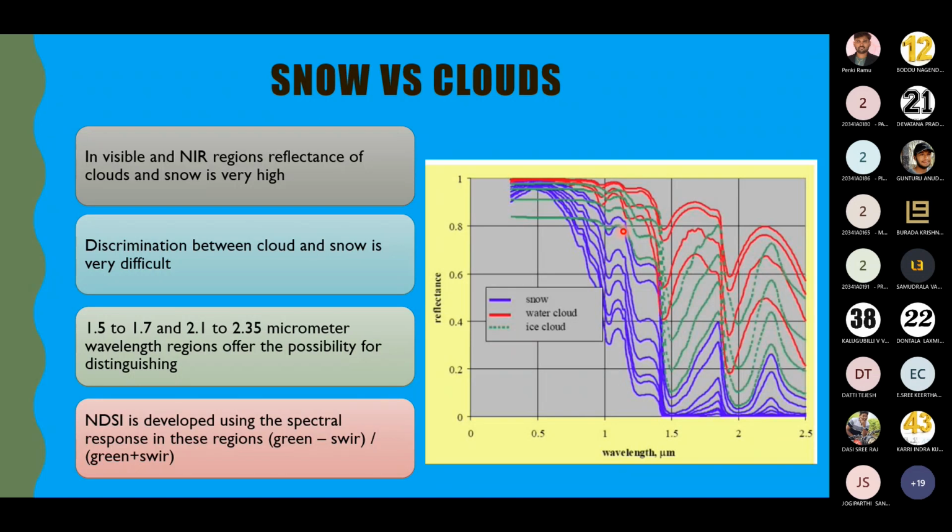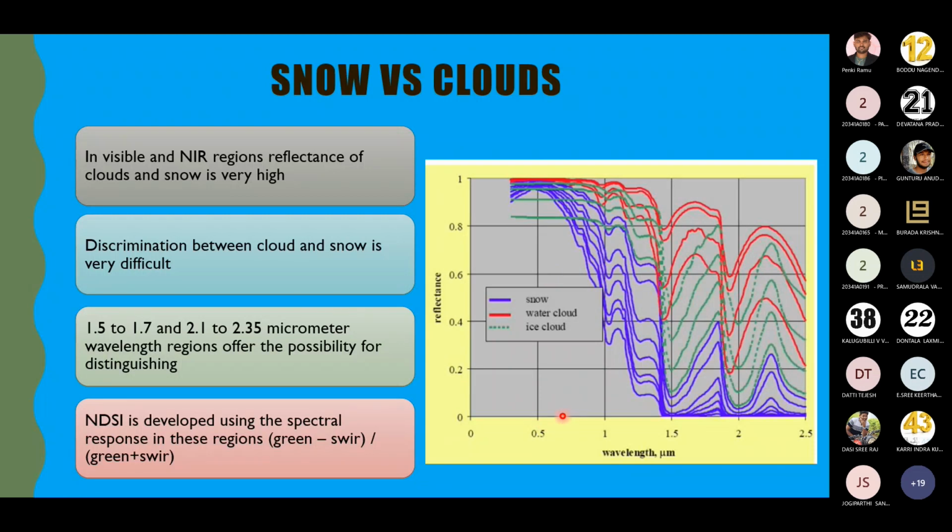So in the visible region between 0.4 and 0.7 micrometer, if you look at the reflectance of snow, water and ice, they are very close to 100%, almost 80 to 100% of the reflectance is present for snow, water cloud and ice cloud in the visible region.